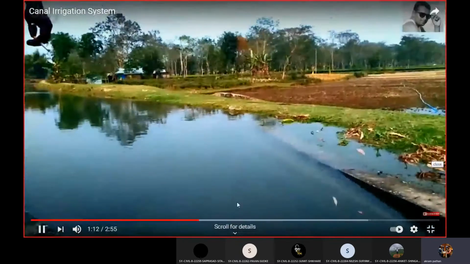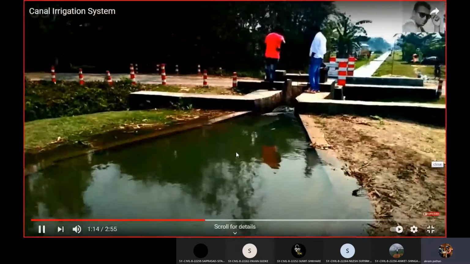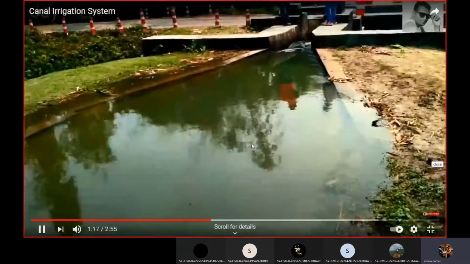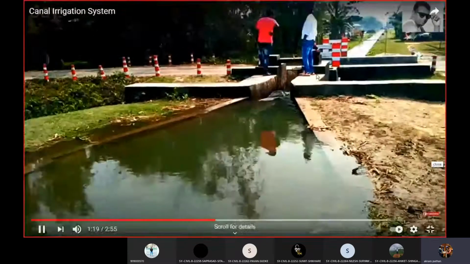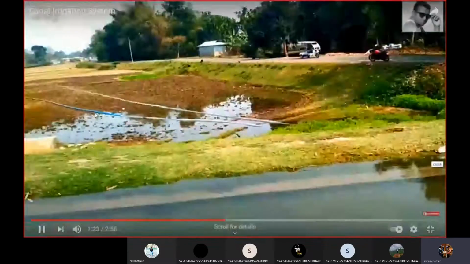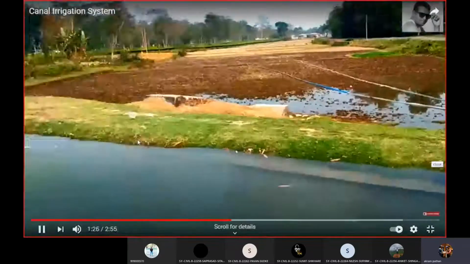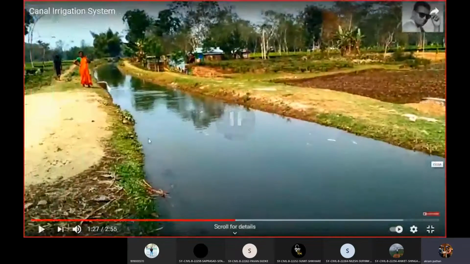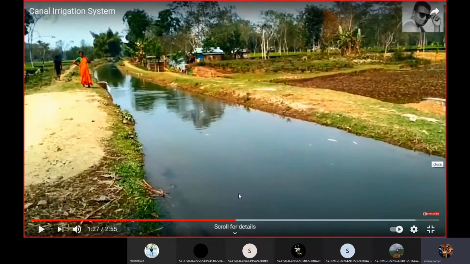this particular channel, so that we can supply the sufficient quantity of water for the irrigation purpose to the crops. For example, we have a field here. Now by measuring the discharge in the channel, for example, one farmer is having a 2-acre field, another farmer is having 5-acre or 10-acre.